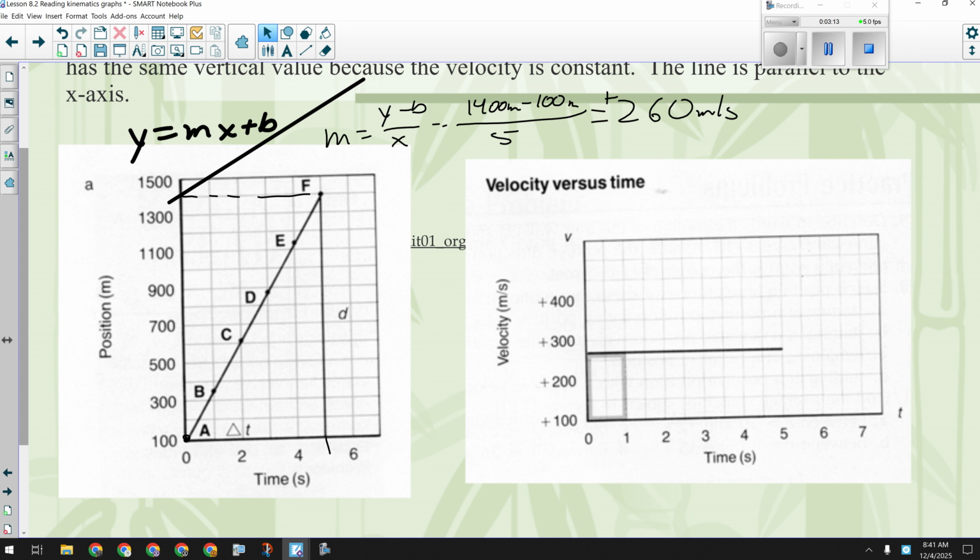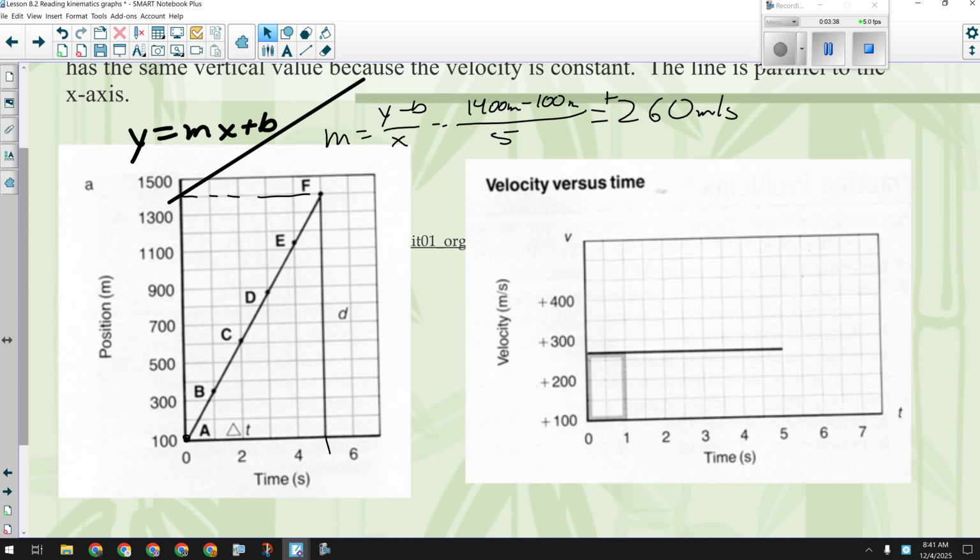Is that object traveling at a constant velocity? But on that graph it looks different. This is the same object. We just calculated from the other graph that the object was traveling at positive 260 meters per second. Look where the line is on this graph. Just above 250. This is the same object, but the graph looks very different.